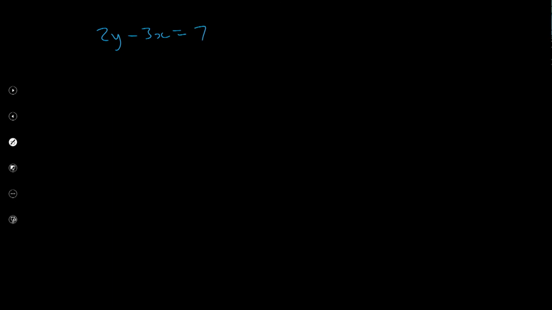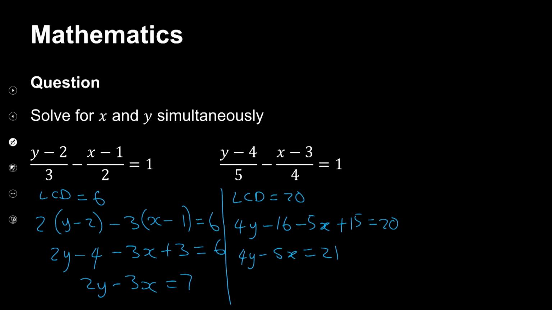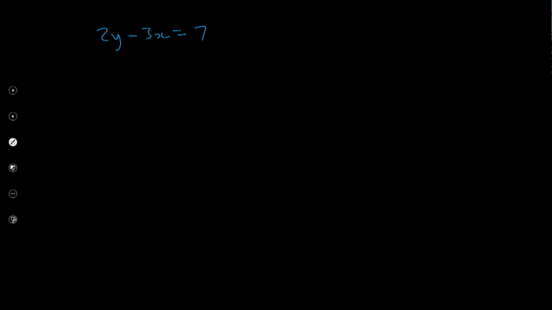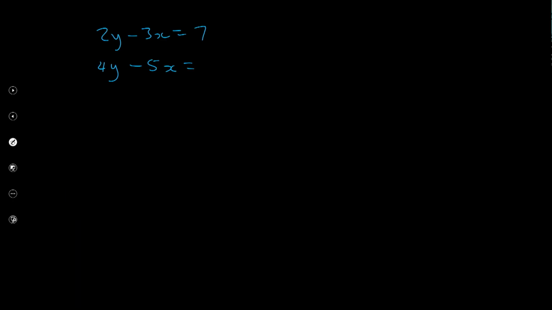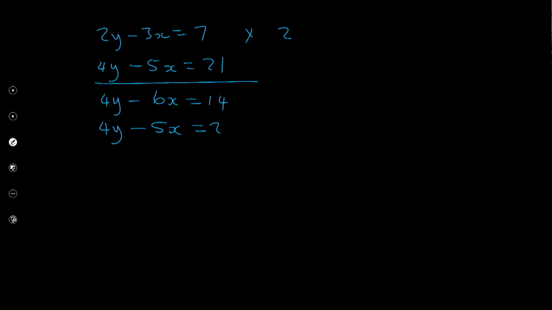And the second one we said was 4y minus 5x equal to 21, yes, 21. And then you just need to quickly change this one by multiplying everything by 2. So this becomes 4y minus 6x equals to 14. This remains the same, 4y minus 5x equal to 21.